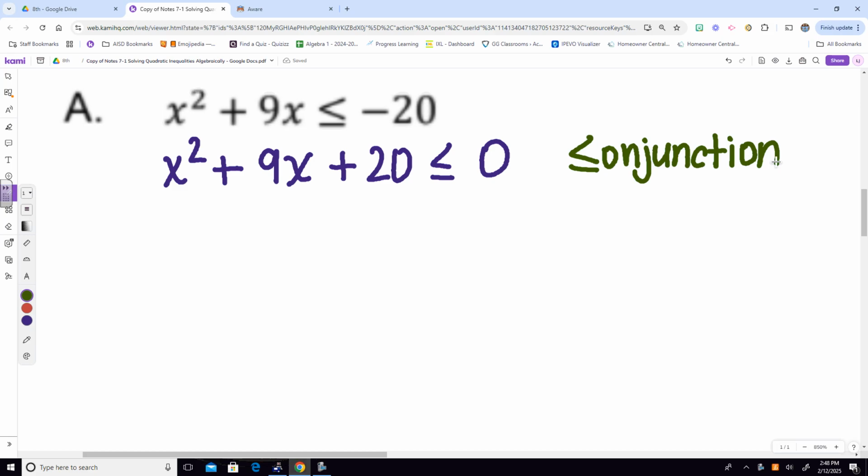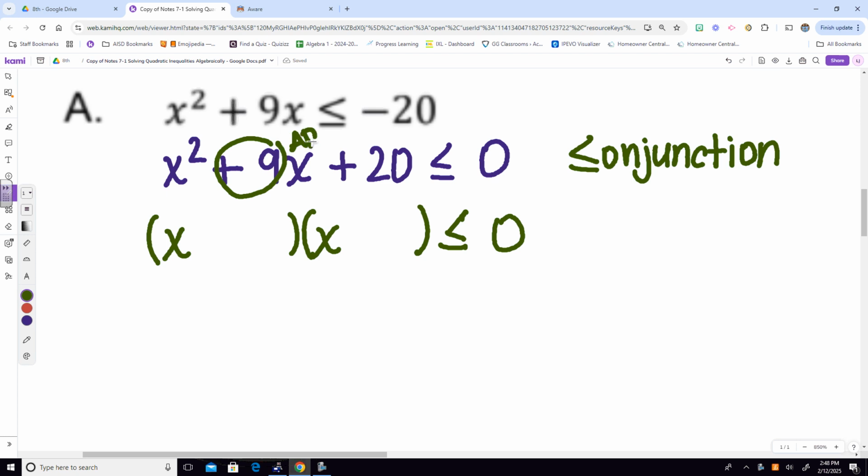And if I factor it, I'm going to have two factors. They each start with x. And I need two numbers that add to 9, but multiply to 20. What combination of numbers does that? 4 and 5.